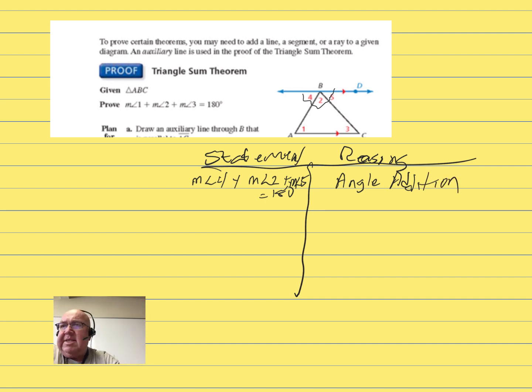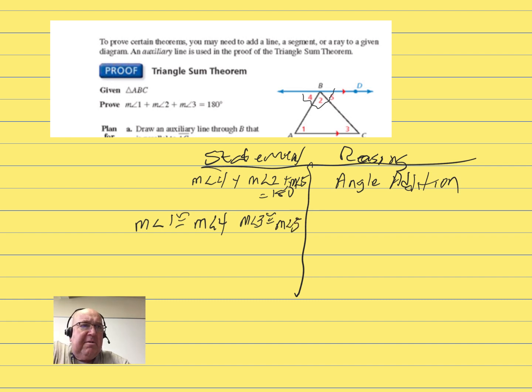Alright, so our next step is we're going to say that the measure of angle 1 is congruent to the measure of angle 4, and also that the measure of angle 3 is congruent to the measure of angle 5.